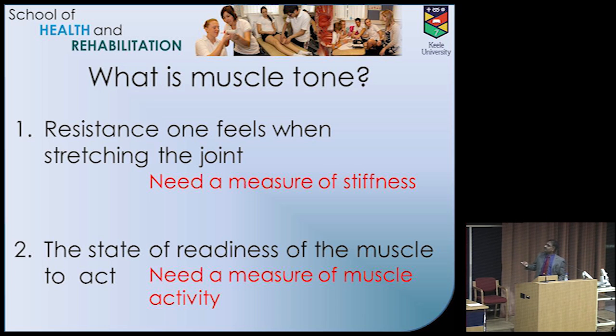We had to measure stiffness to look at that component of the definition of tone, and we had to measure muscle activity to look at the second part of the definition of tone. Now, this problem I described is not unique to spasticity. I think there are lots of terms in the rehabilitation literature, or even the medical literature, which are very, very poorly described.